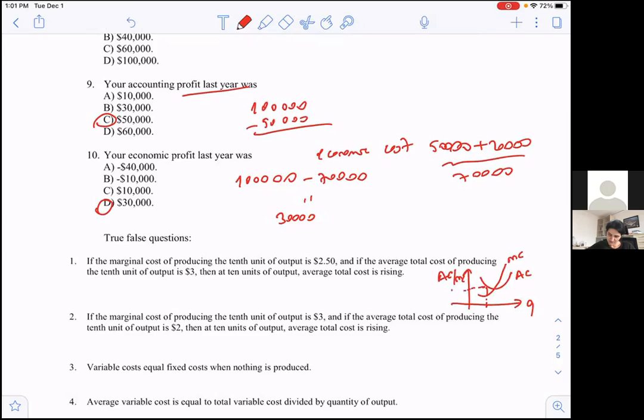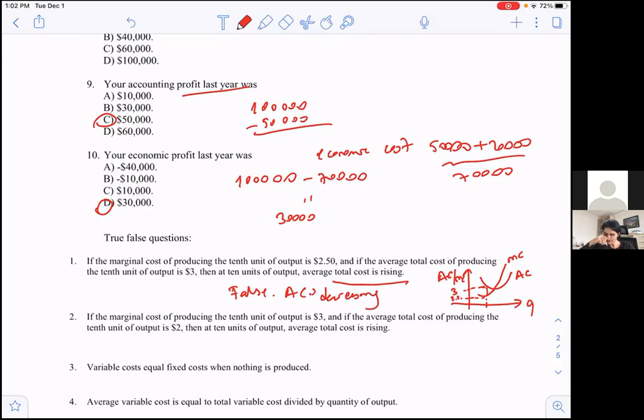Let's say this is 3, this is 2.5. Then what can we say about average total cost? Average total cost is decreasing in this part, right? Until they intersect, until average cost and marginal cost are the same, average cost is decreasing. Afterwards, average cost is increasing. False. Okay, average cost is decreasing.